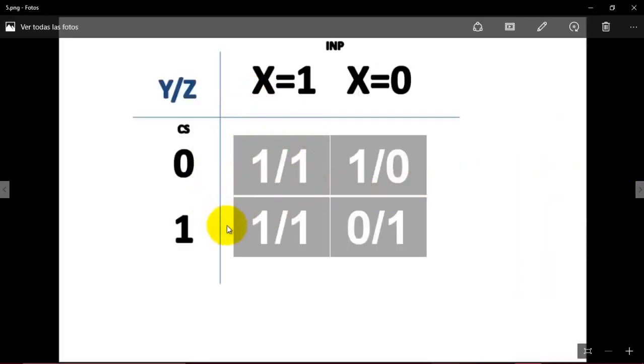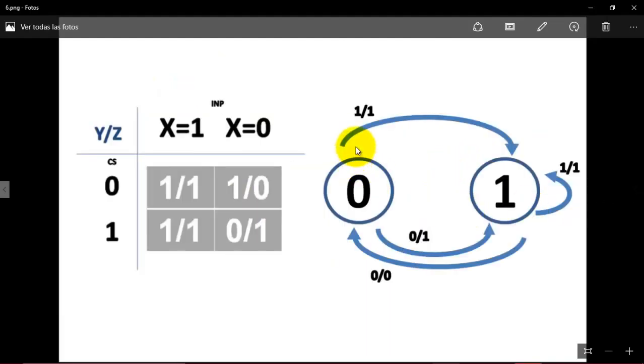In that way, we are going to build our state table, and we obtain this.